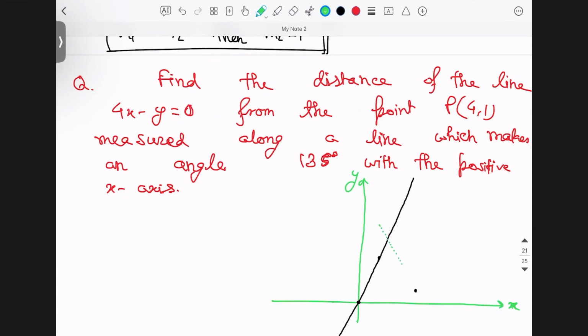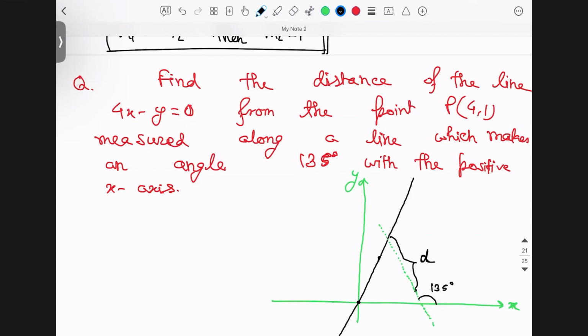Suppose this is the straight line passing through the point (4, 1) such that this angle is 135 degrees. And what we need to find is this length, this value of d.